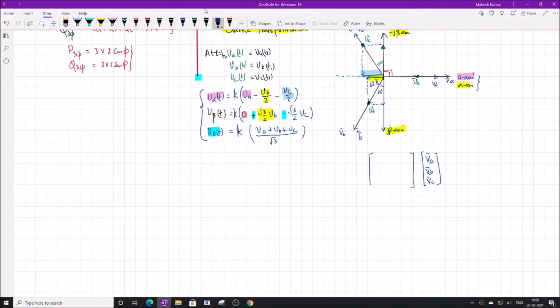This is done through the transformation matrix with rows 1, 1, 1; 1, A square, A; and 1, A, A square, multiplied by 1 by 3, or 1 by root 3, giving B0, B plus and B minus.